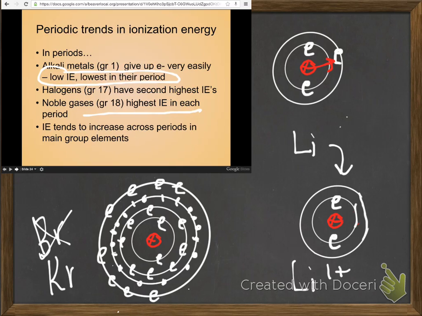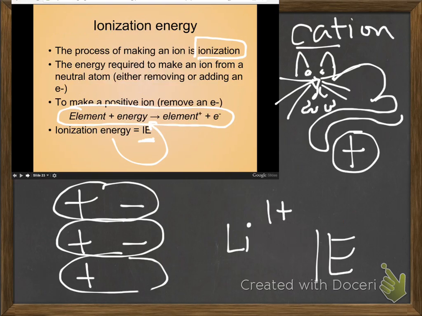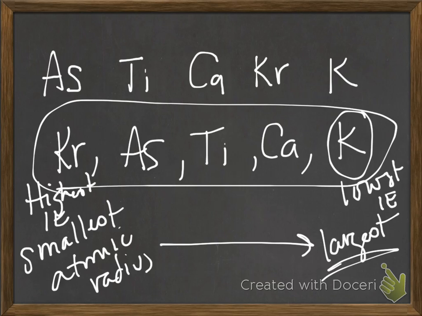Oh! So, if you have a very large atomic radius, what does it mean? It means you're not really holding those outer electrons very tightly. So we said that if you've got a very small radius, you tend to have a very high ionization energy.